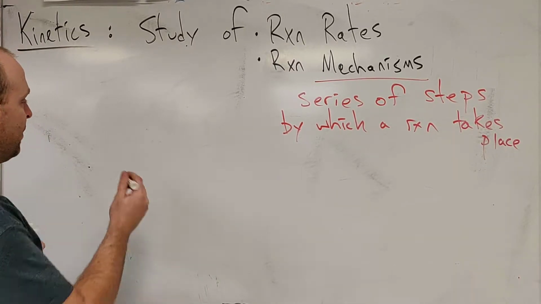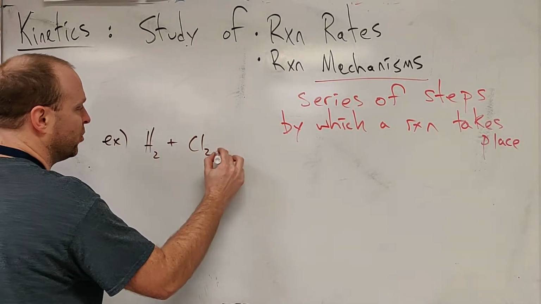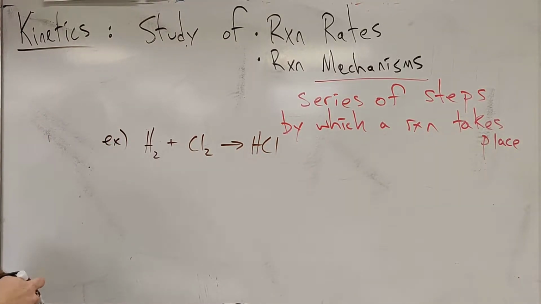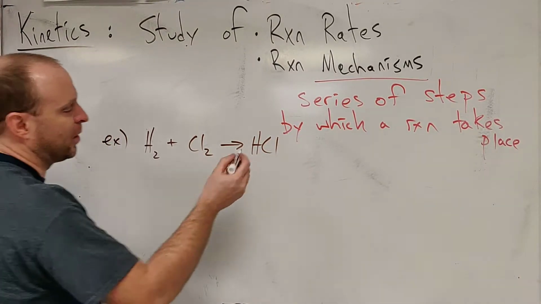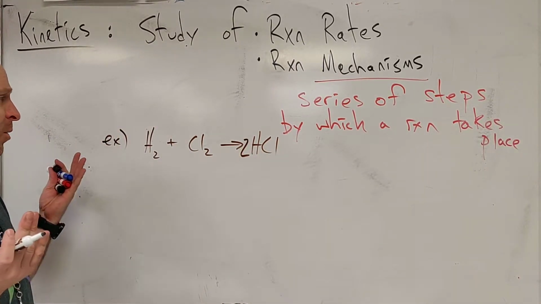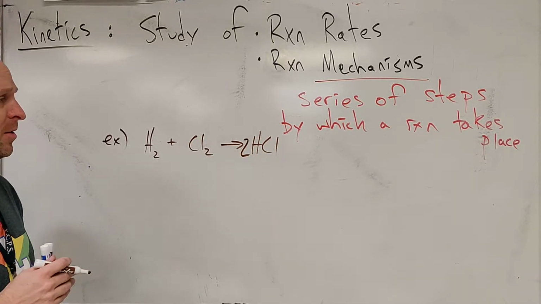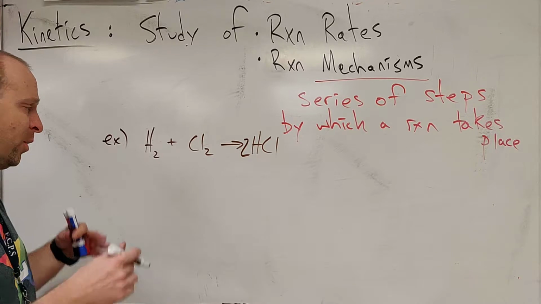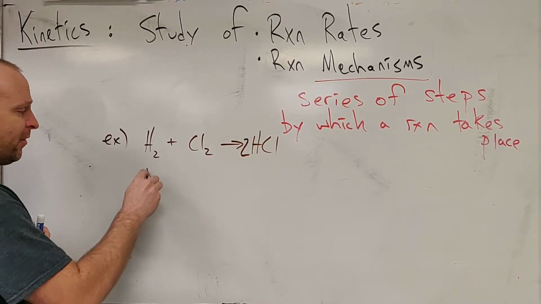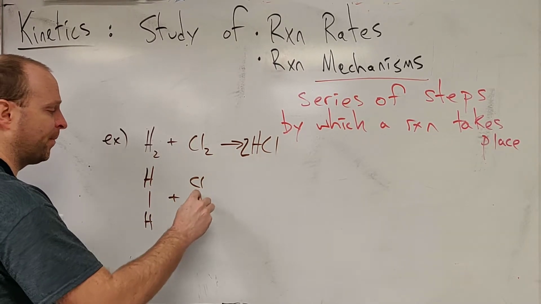So if we look at a simple reaction, like some synthesis, H2 and Cl2 goes to HCl, all right? If you ask someone, and I guess we need to throw a 2 in there, what happens? I think that we look at it as an absolute system where it's like this and this turn into this. But there are things going on in between. So if we had to draw out some picture, we might say I've got a hydrogen, and I'm going to put them with a chlorine and a chlorine.